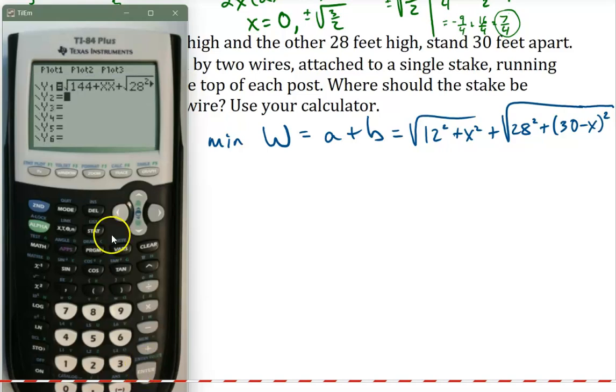Okay. And then I'm going to find the minimum of this. And yes, I can use a derivative, the power rule and chain rule, and set it equal to 0 on a calculator, but I'm not going to worry about that.